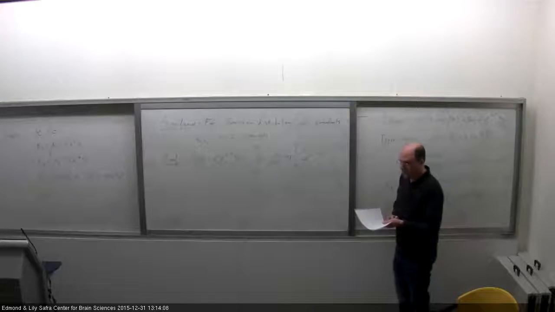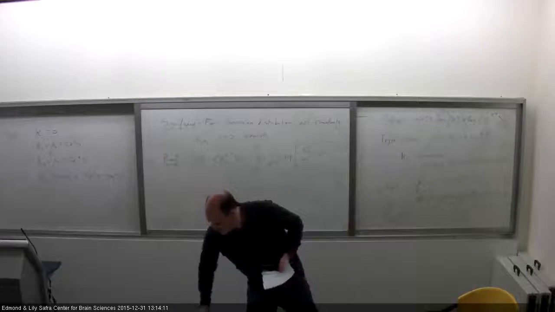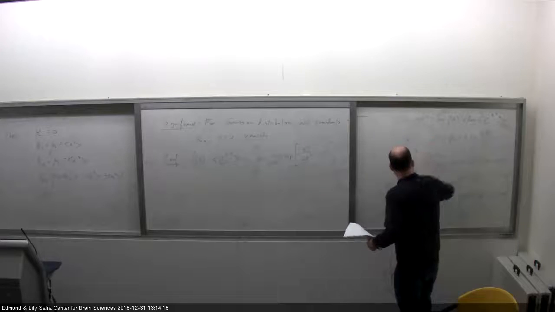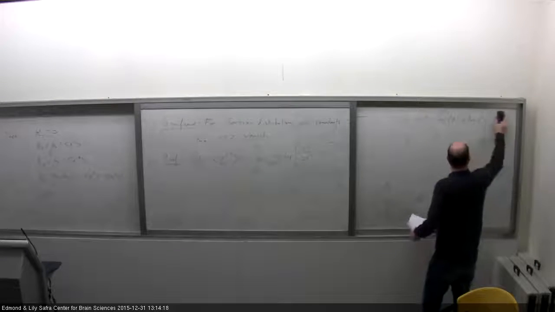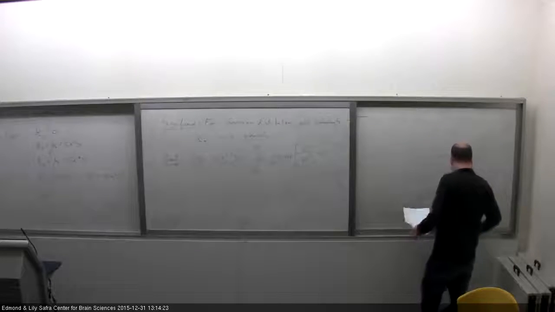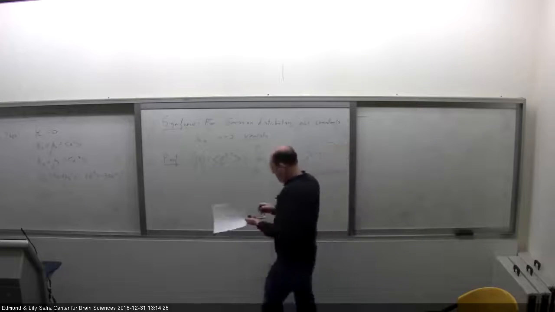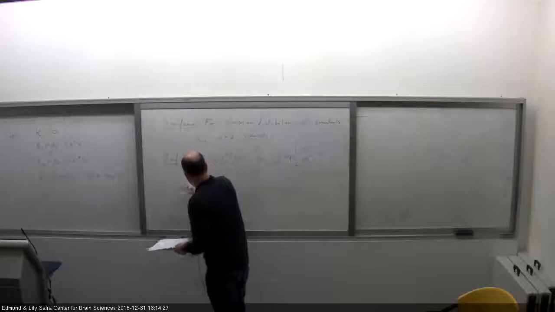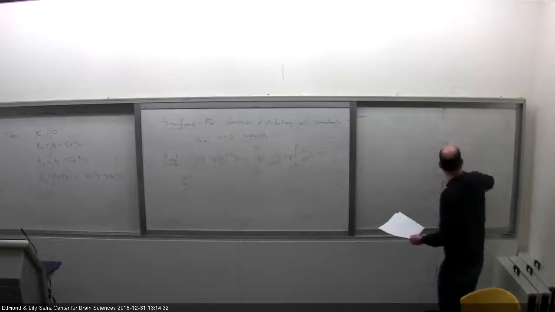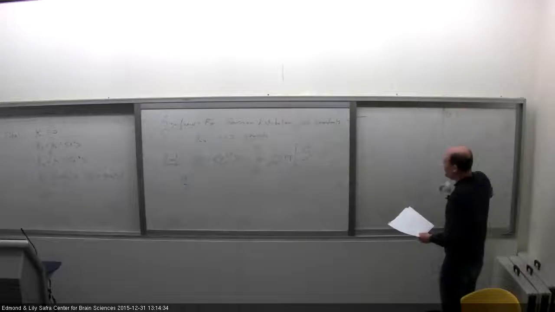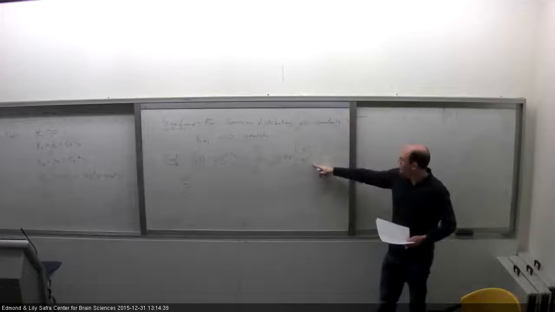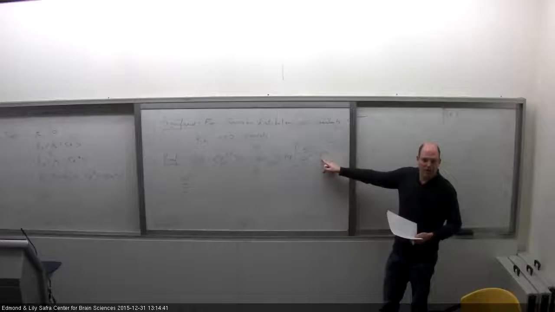Now, let's do a little side calculation. Okay, how do I do an integral like this? I want to do an integral dx of e to the minus x squared over 2 sigma squared plus xt.